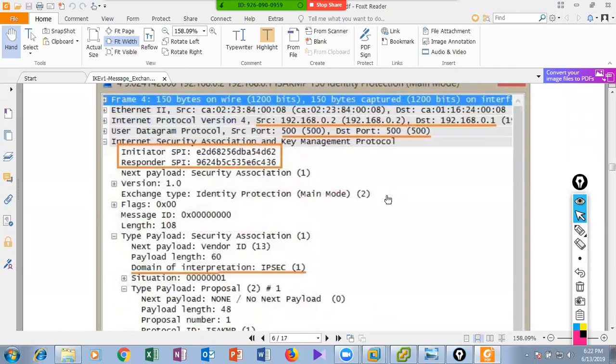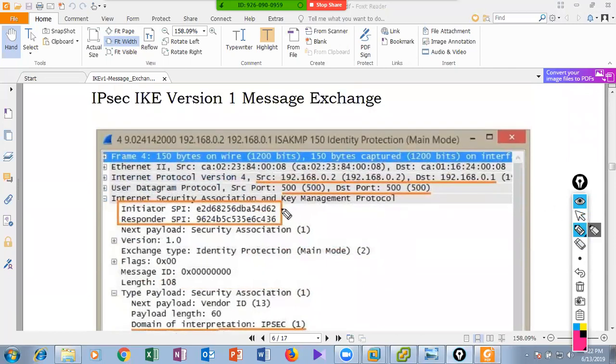If you see here, can you see both the cookie values, the initiator and the responder values, are filled? So basically, what do you see? This information is under ISAKMP. Can you see ISAKMP? Internet Security Association and Key Management Protocol. This is responsible for your key exchange. This is the protocol used in phase 1 for key negotiation, and it works on UDP port number 500 as both source and destination.